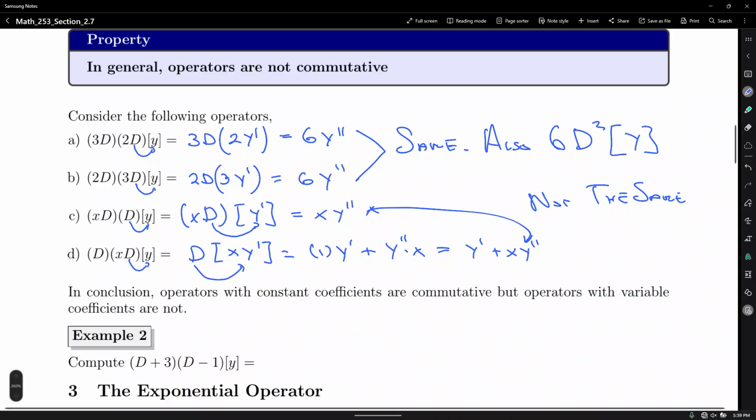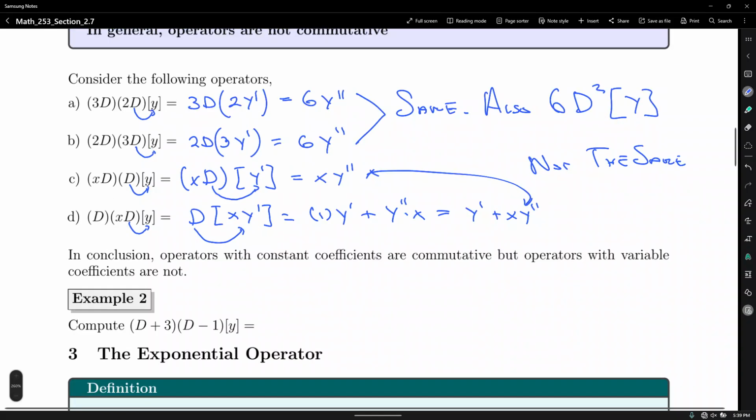Okay, so let's compute one more operator. Let's say we have this operator of the form d plus 3 times d minus 1 acting on y. I'm going to show you this operation in two different ways. I'm going to have the first operator act on the function y, keeping d plus 3, and this will be the derivative of y, which is y prime, and negative 1 times y, that's minus y.